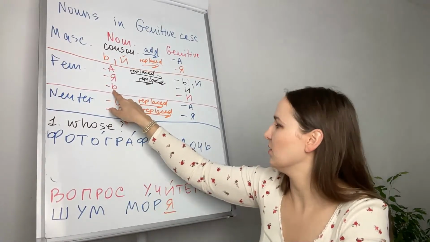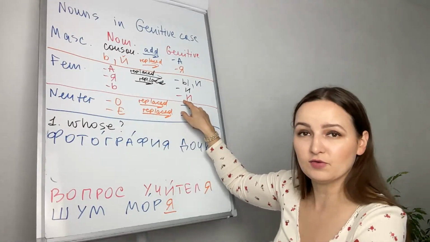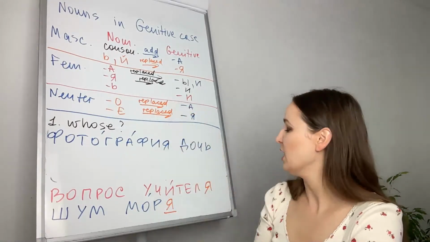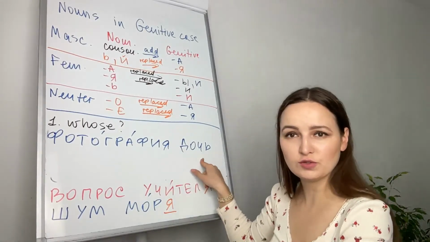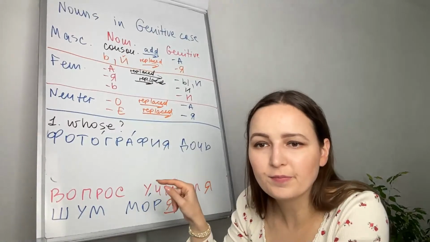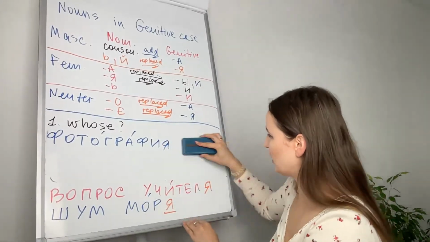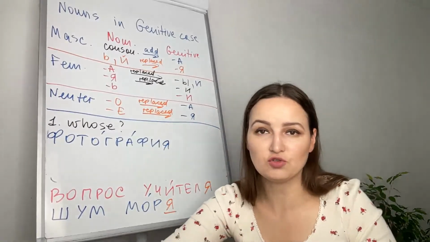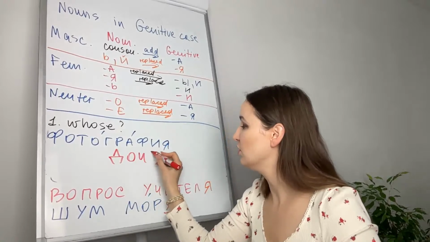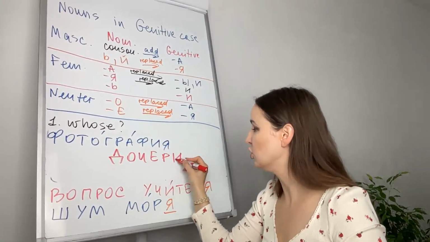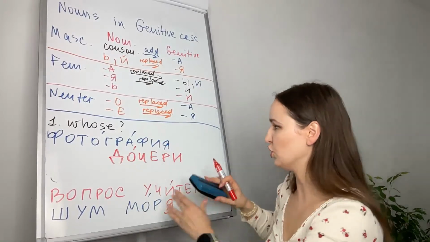In feminine, when we have мягкий знак, it will be replaced with и, right? But when we talk about дочь, daughter, дочери, it will be an exception. So we will change it in another way. You just have to memorize it. Дочери.